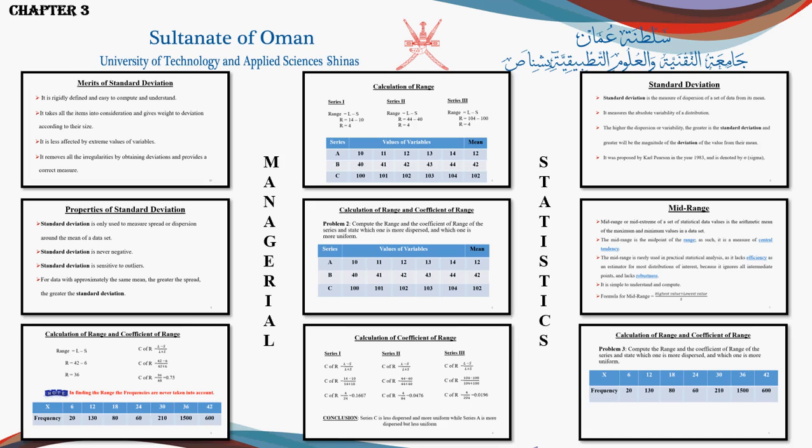Again in this part, I will be discussing range and its coefficient with two more problems with solutions, as well as I will also be focusing on what is mid-range, what is the meaning of standard deviation, its properties and merits. So this is the part we are going to see in this session.